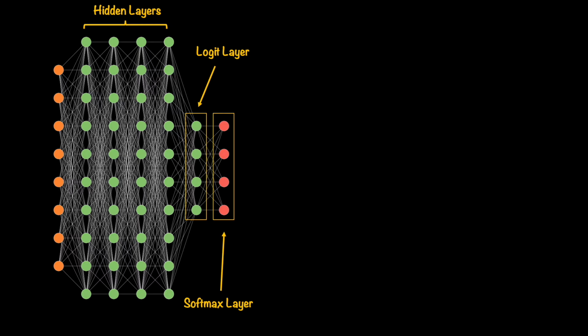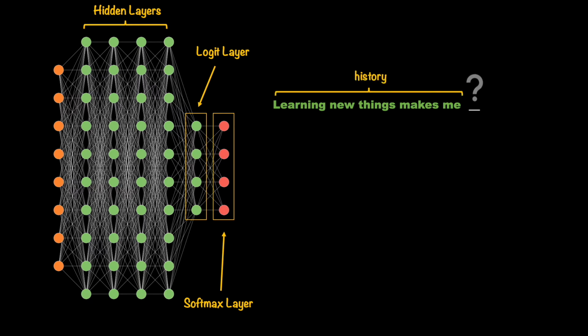So consider the domain of natural language processing. In NLP, one of the tasks is to predict the word when you have a set of words in a sentence, which we call history. And essentially you make use of these words to make a prediction of the following word, which we call the target word.